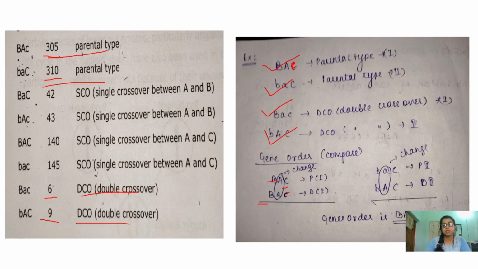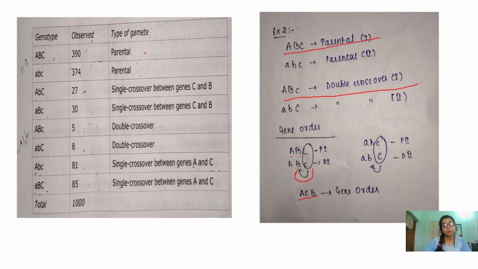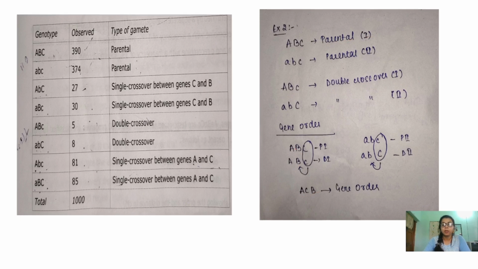But in the previous one, you saw that the difference was present in the middle only, so you did not have to change any order. The order stayed the same, that is BAC. But in this case, as the change was at the extreme left, you just need to write it in the middle and you get the answer, that is the gene order. Why this change occurs in the middle is due to double crossover, and we will cover it in the upcoming class.